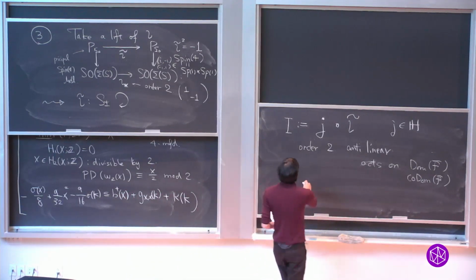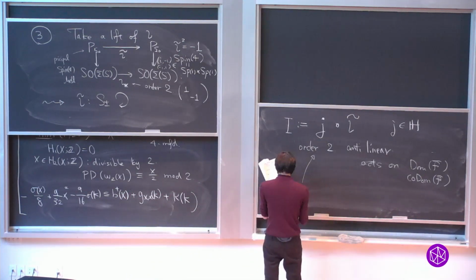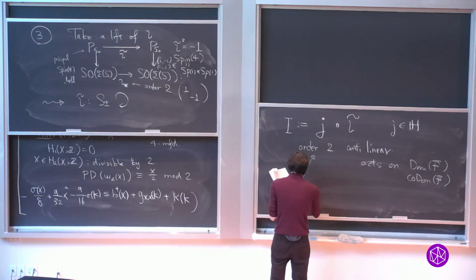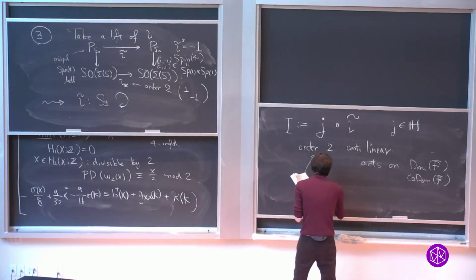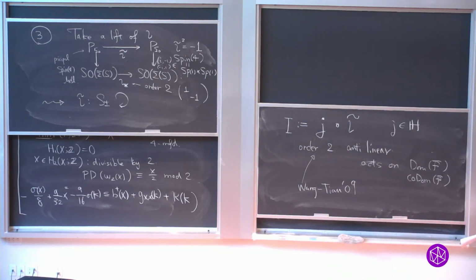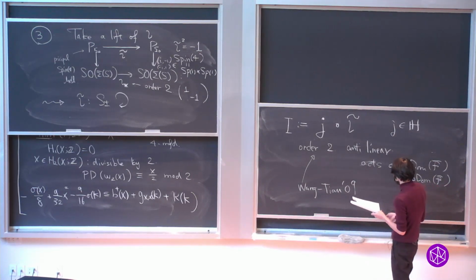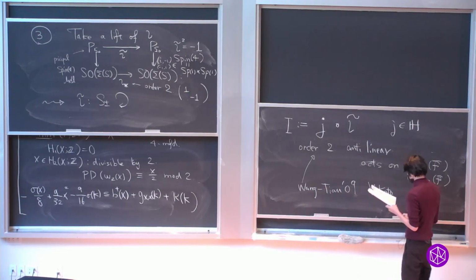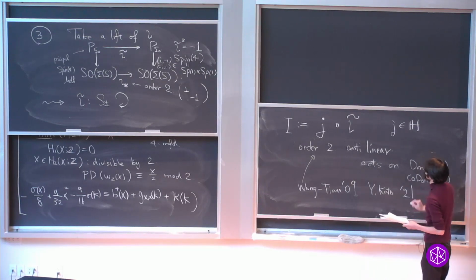But this has many historical backgrounds, I think. At least Wang and Tian use this kind of thing to define the real invariant in the almost complex 4-manifold, with the Seiberg-Witten setting, and of course this is considered by Yuya Kato again.